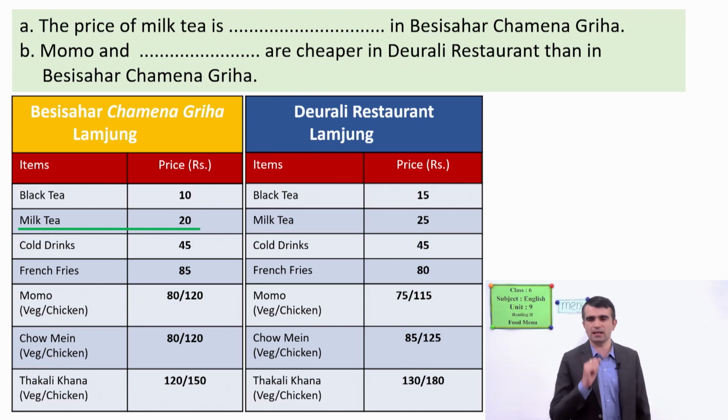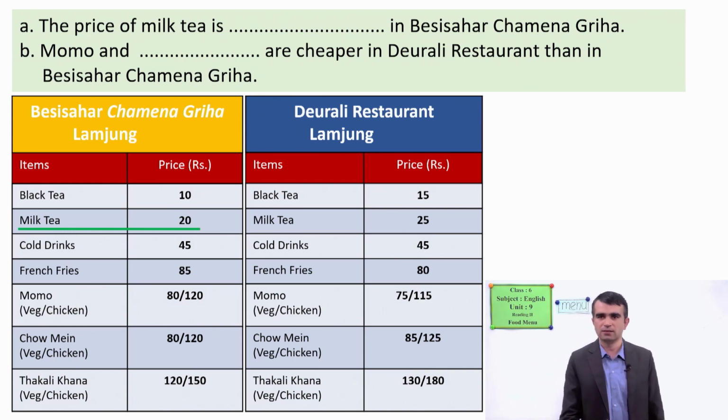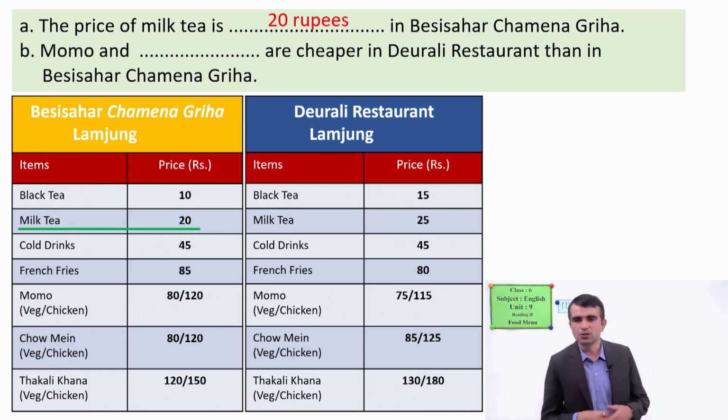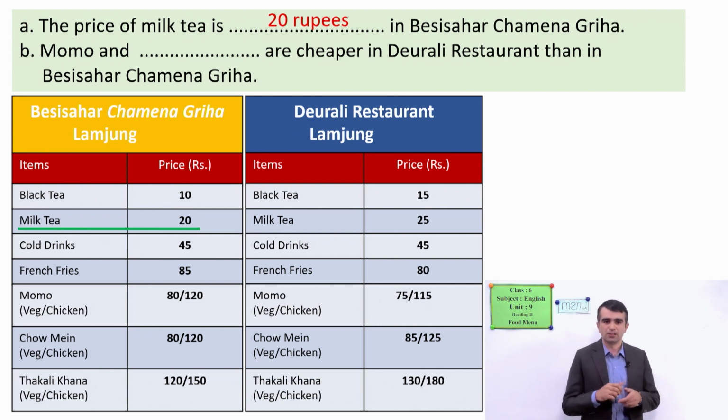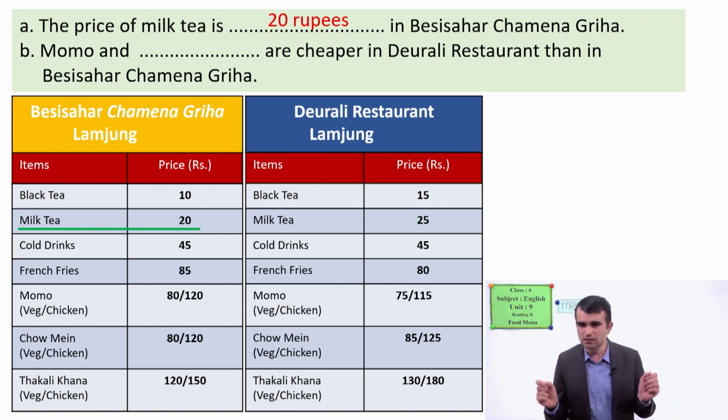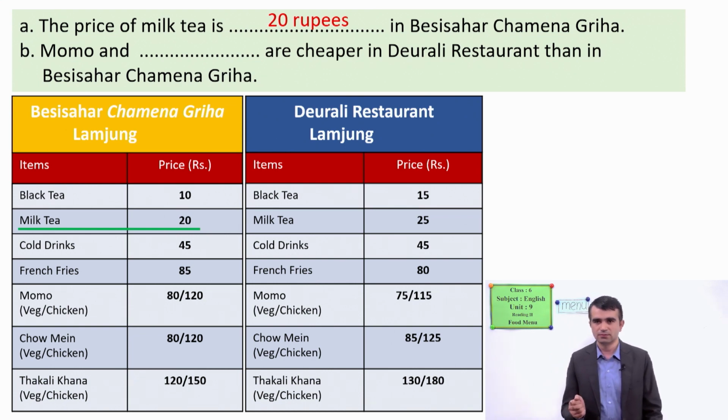So what do we write in the blank space? That is 20 rupees, isn't it? So the price of milk tea is 20 rupees in Besar Samanagriya. Is it so? Good.